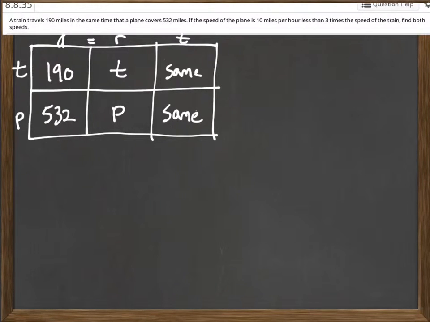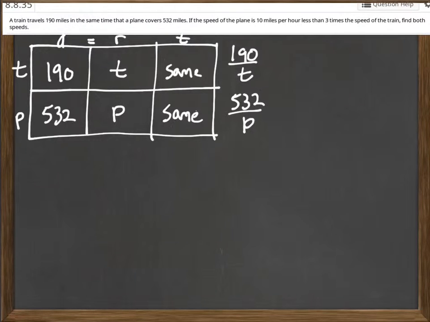So using my formula, distance equals rate times time, I'm going to solve that for time. To solve for time, I have to divide by the rate. And that gives me a time for the train of 190 divided by the variable t, and a time for the plane that's 532 divided by p.